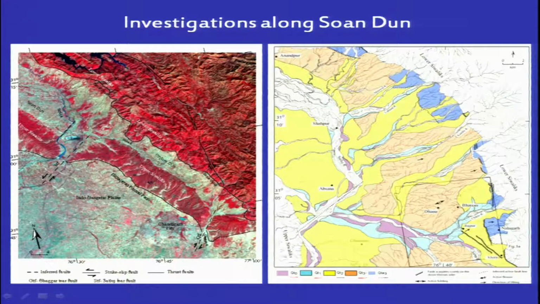At the same time, we were also mapping some tectonic features, and these are the traces which we have marked as the active fault traces, and this you will learn in the next part of this course, part 2, where we will teach you how to identify such landforms and tectonic features.